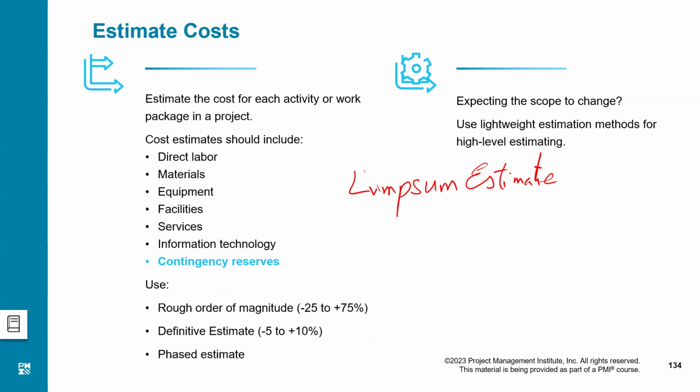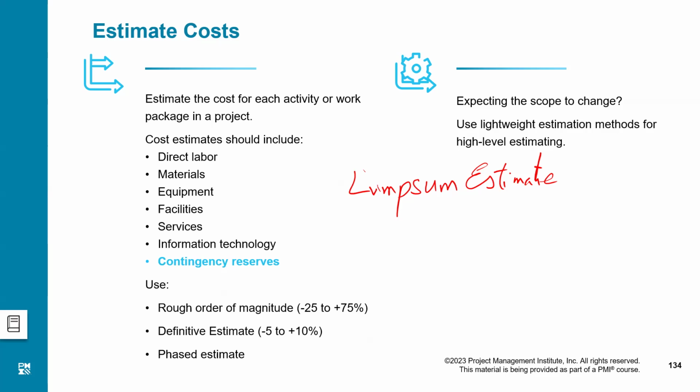How much budget should we have for this project? Without any calculations, just purely on guesswork, he says around $2 million. This kind of estimate is not accurate at all.